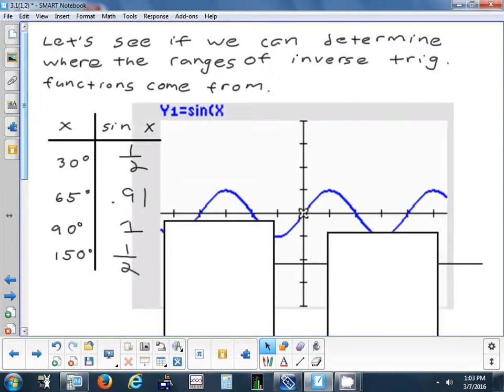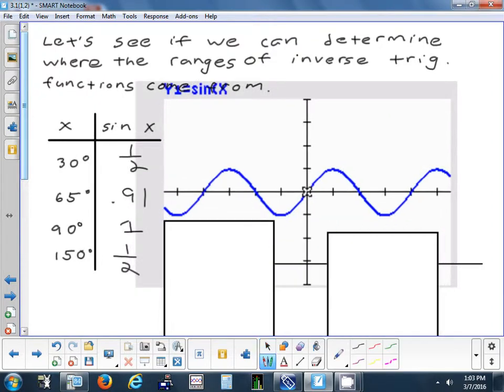I'll bring it back up. So we're focusing from here to here. Each one of these marks on the page is 90 degrees. The origin is 0. So what would this first mark be at? 90. And how about to the left of the origin? Negative 90.